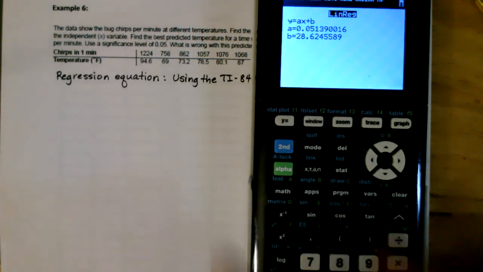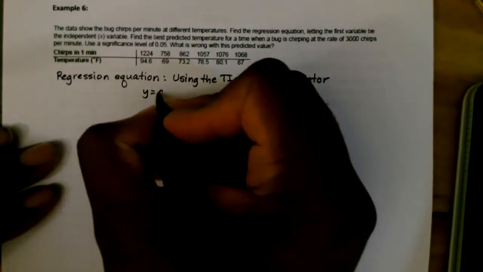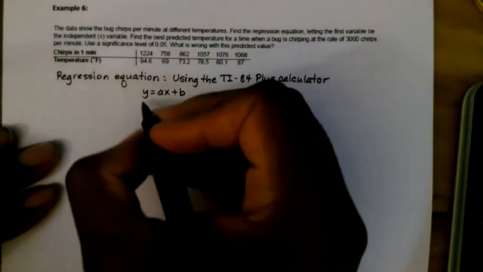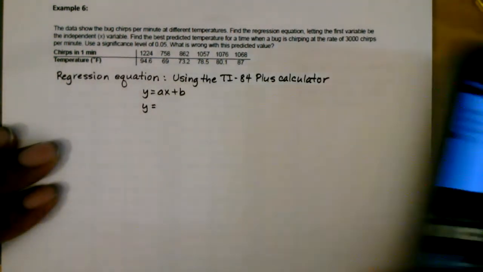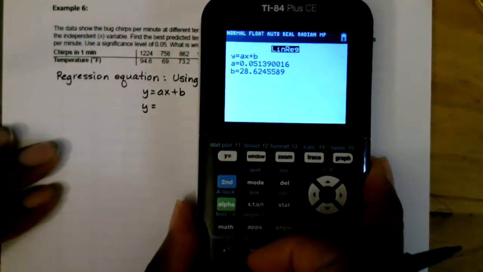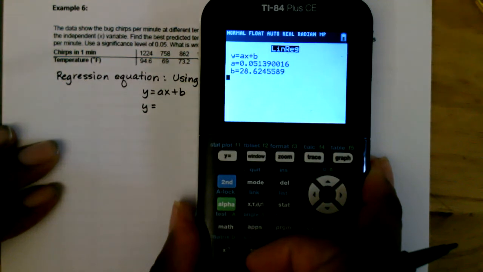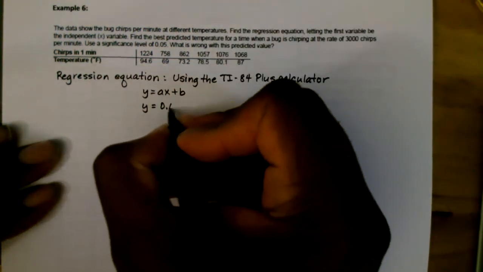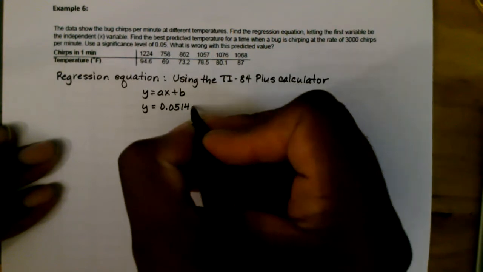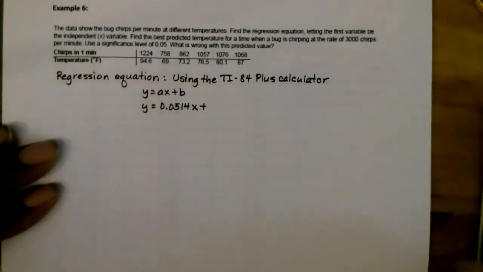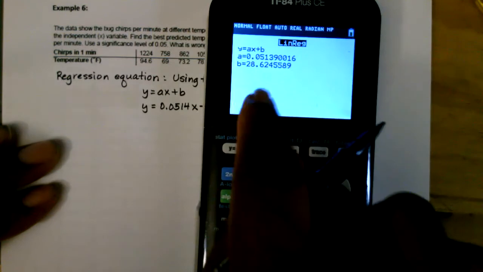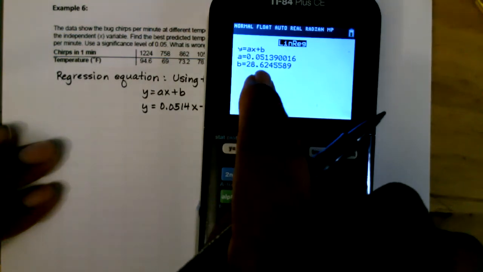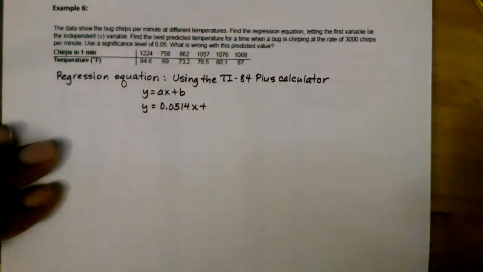So here, it gives you in the form of y equals ax plus b. So let me write that in. Here, y is equal to, the a is the coefficient of x. They're using 4 decimal places, so this will be 0.0514. And that's the coefficient of your x plus the b, and they're using 28.62 to 2 decimal places.